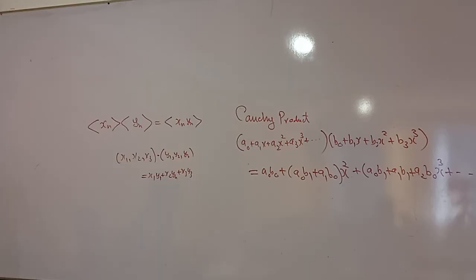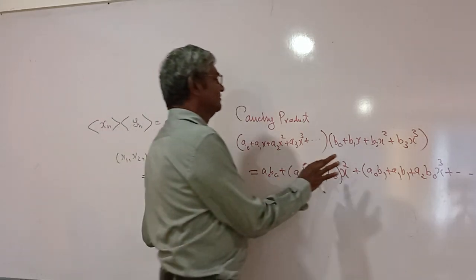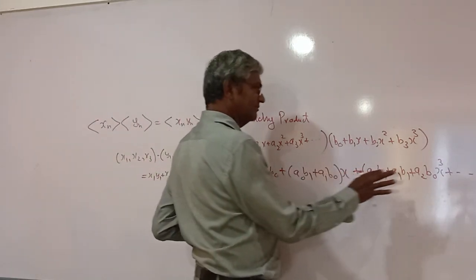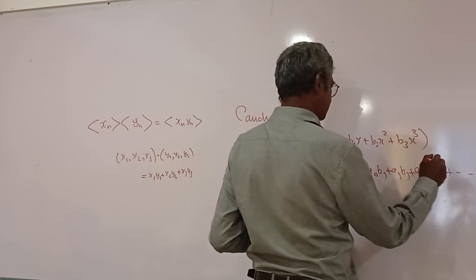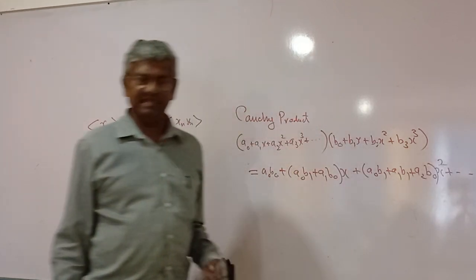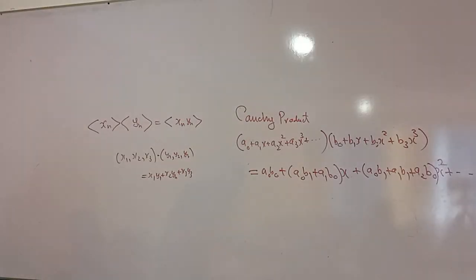That should be x and x squared, right? Yes. This kind of multiplication is called the Cauchy product. I suppose you have a question in your homework set. This way you must be able to prove e to the x times e to the y is e to the x plus y.